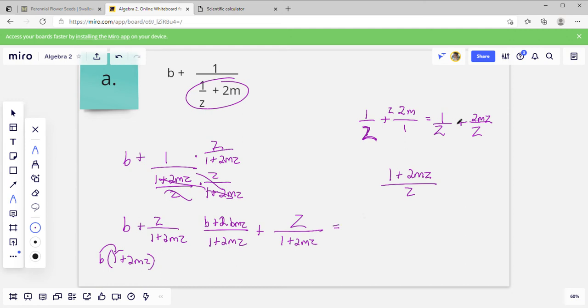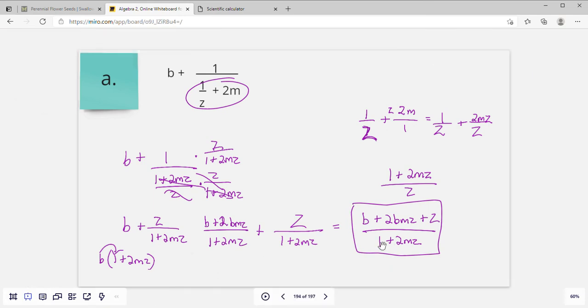Alright, so I'm going to have b plus 2bmz plus z over 1 plus 2mz. And that is the answer right there. Alright, next one.